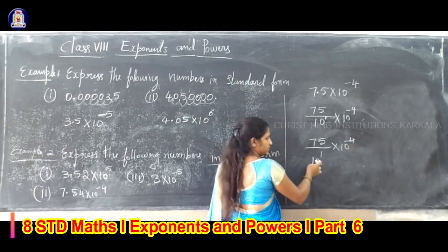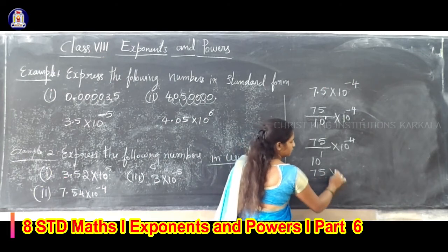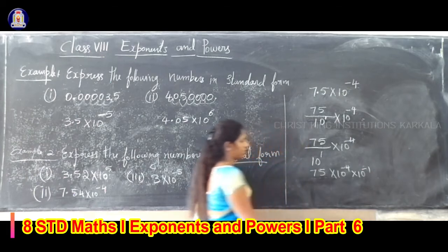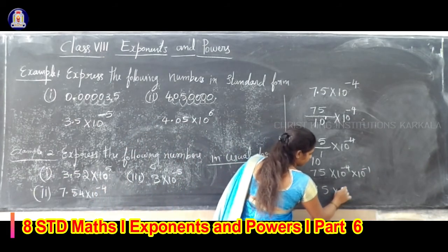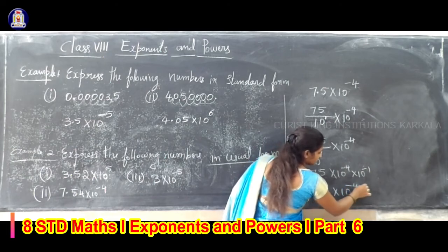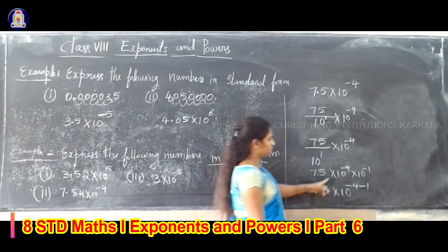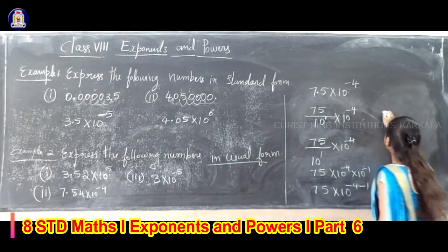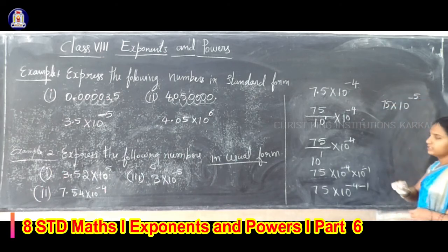So now the 10 power 1 will go to the numerator. So 75 into 10 power minus 4 into 10 power minus 1. Same base, so we can write 75 into 10 power minus 4 minus 1. Because same base, we can add the powers. So we write 75 into 10 power minus 5.